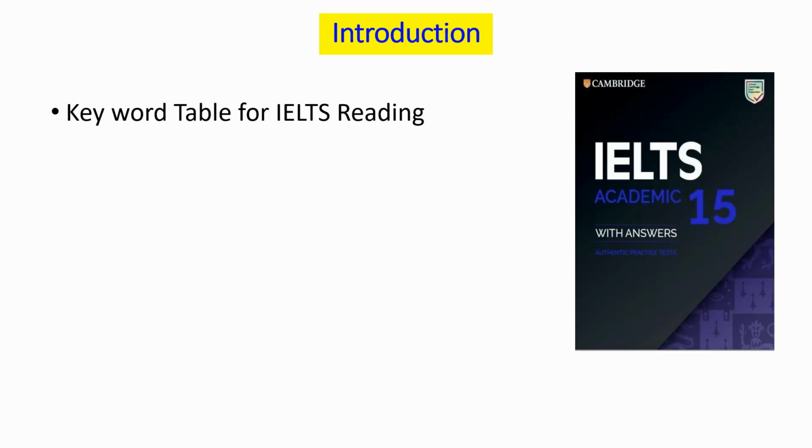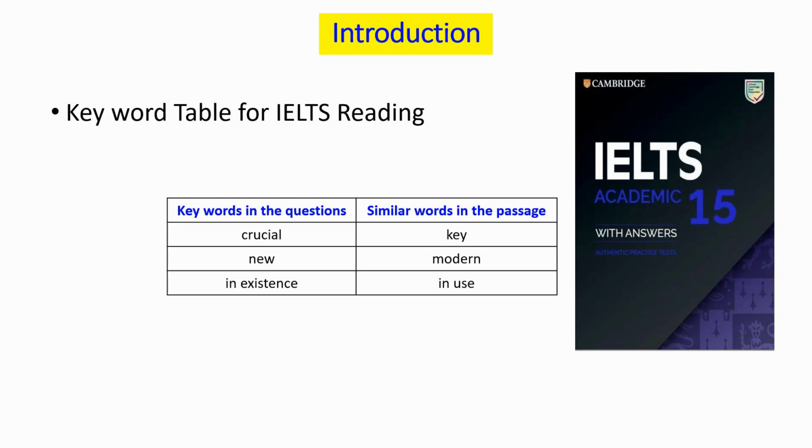This is Ehsan, and in today's video we're going to take a look at another IELTS keyword table for this book, Cambridge IELTS 15. You're going to see a table like this which has two columns. On the left hand side you can see keywords in the questions, and on the right hand side you can see similar words or phrases in the passage relating to those words in the questions.